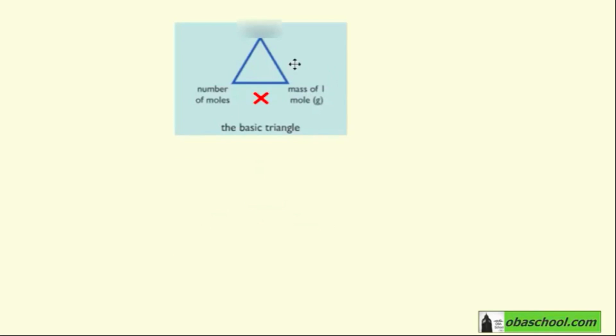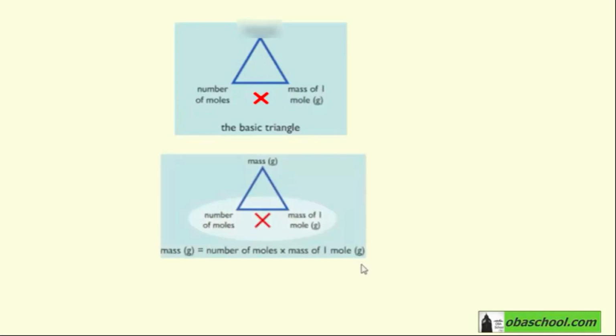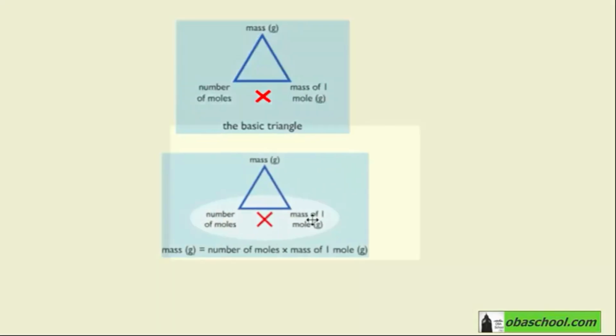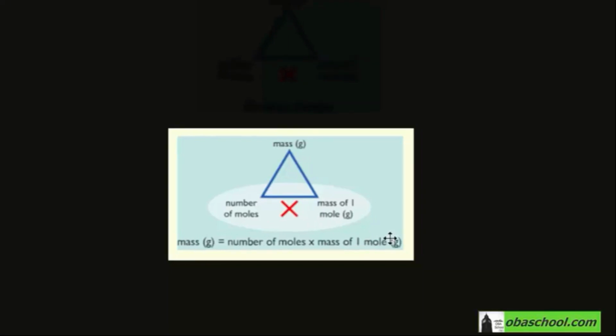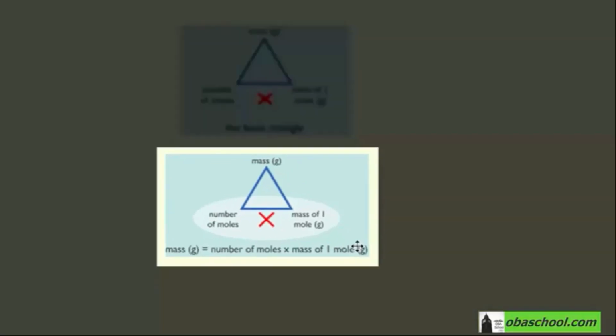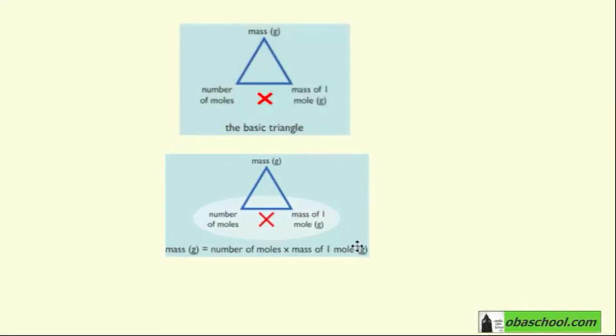So now mass equals number of moles times mass of 1 mole. This formula is found in our books. So the formula is mass in grams equals number of moles times mass of 1 mole. So from the main formula, we obtained another formula to find the mass.